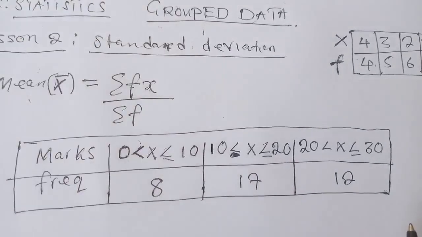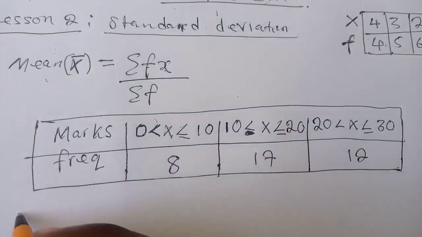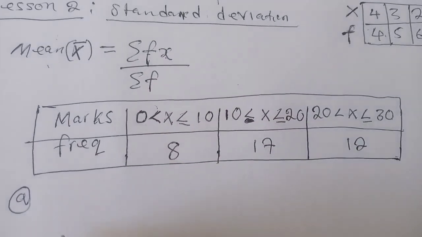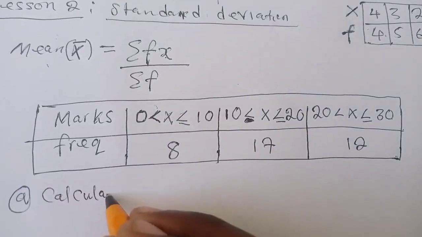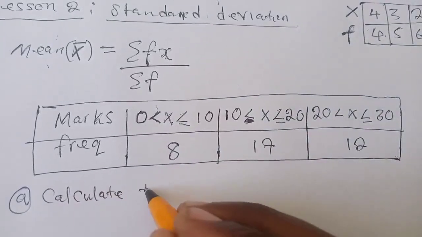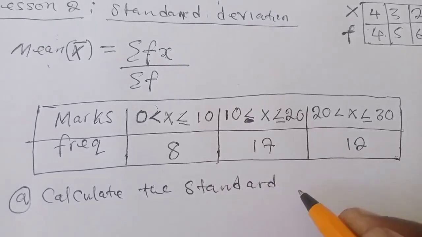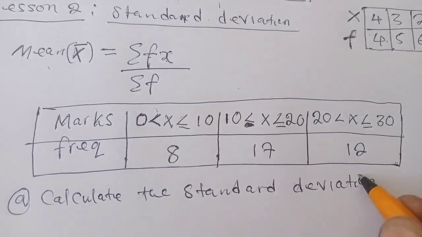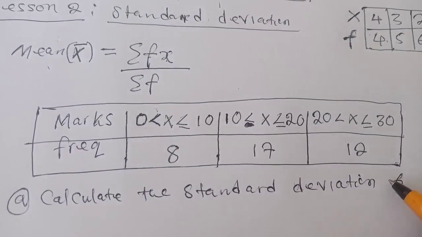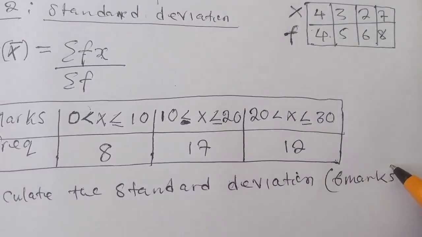If you see something like this, you find the questions down here. It will say A, calculate the standard deviation, and it will have 6 marks.